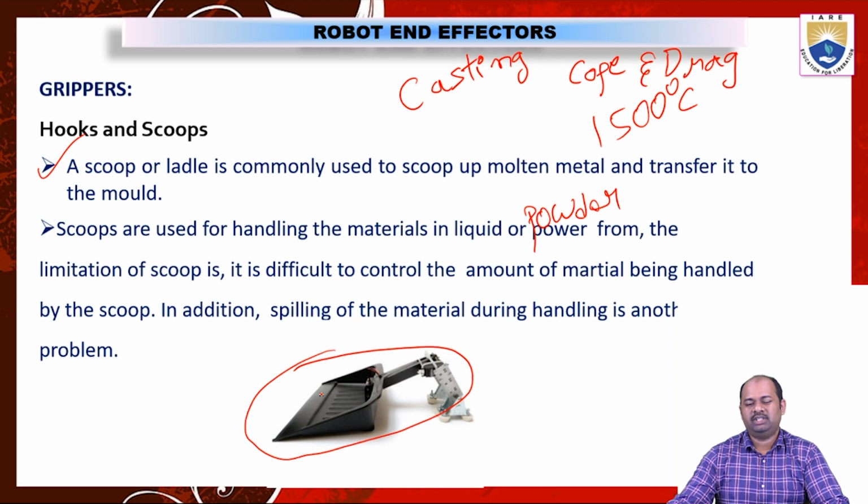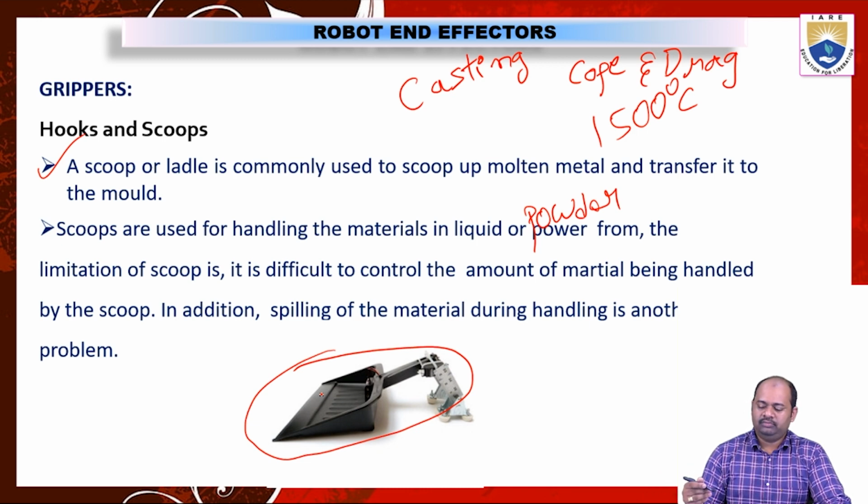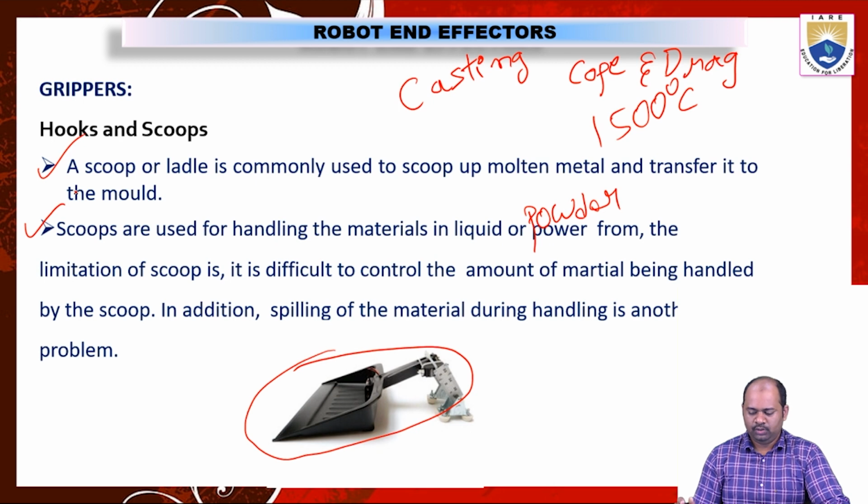Whenever we shift materials using the open scoop, it will easily let some of its content fall down. So the scoops have some advantages and some disadvantages, and these are mostly used in the sand casting process.